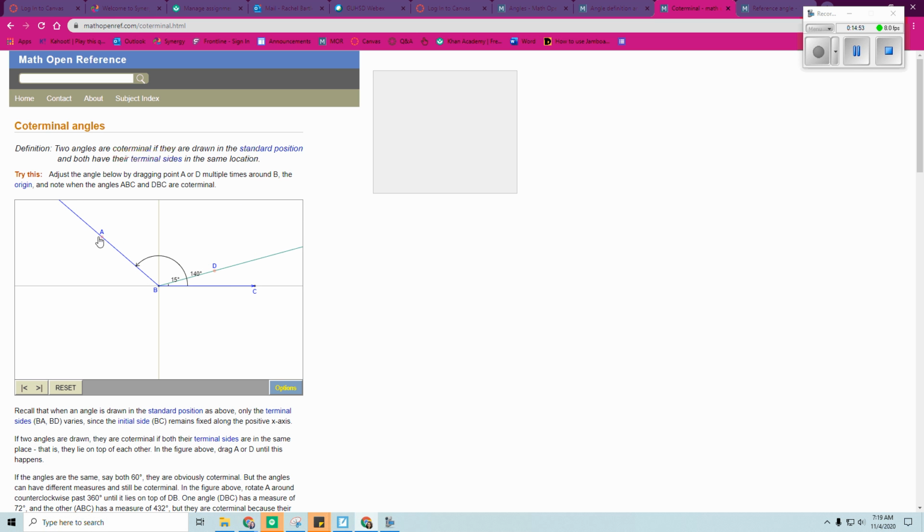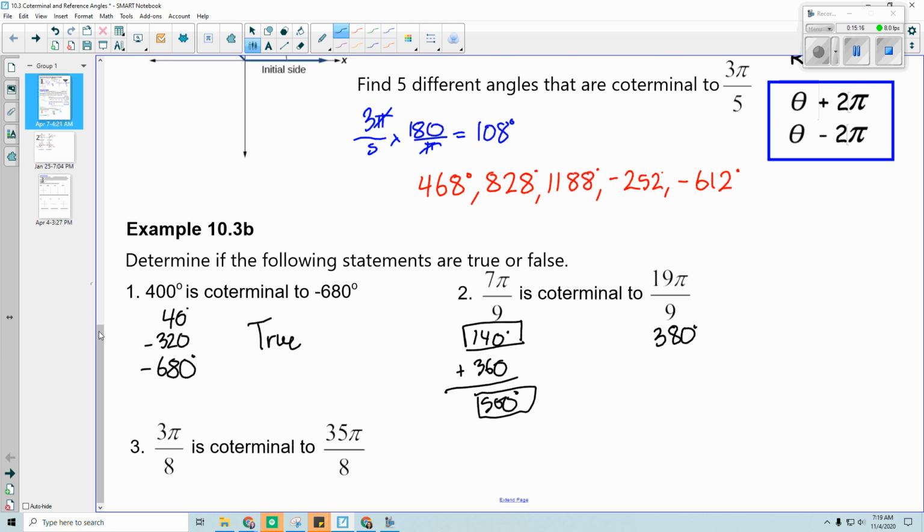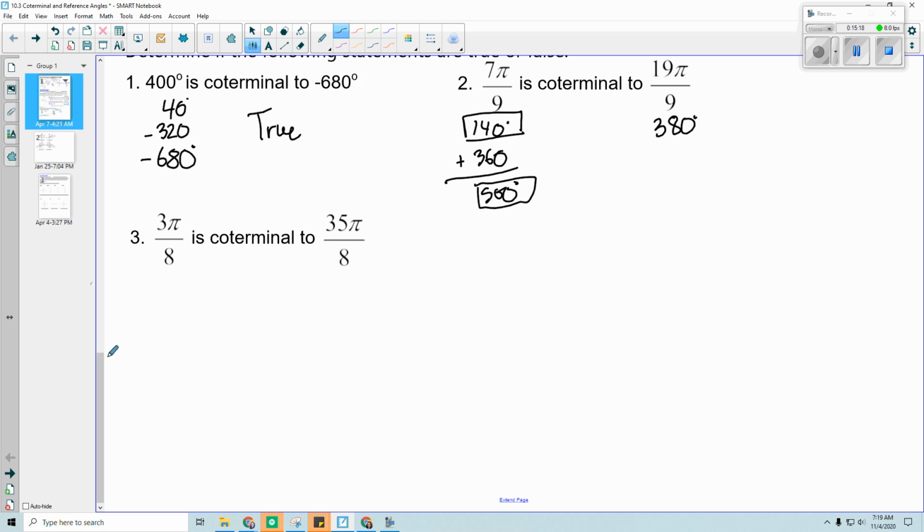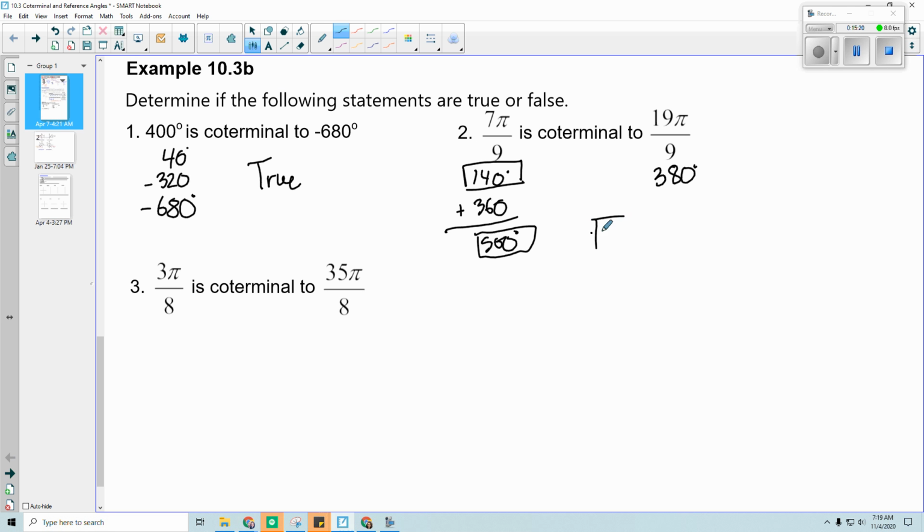And 380 degrees. It's starting to get there, but we need to add a lot more to it for it to land there on 140 degrees. Only 500 lands on that. Okay, so this would be false. They are not coterminal to each other.